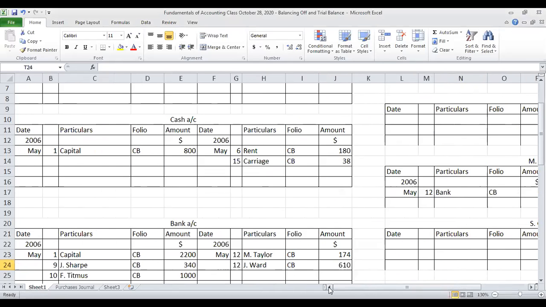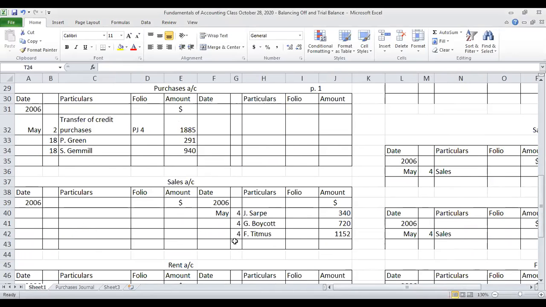So you're going to credit sales first. And that date is what? 21st. And you have G Boycott and the amount is 810.